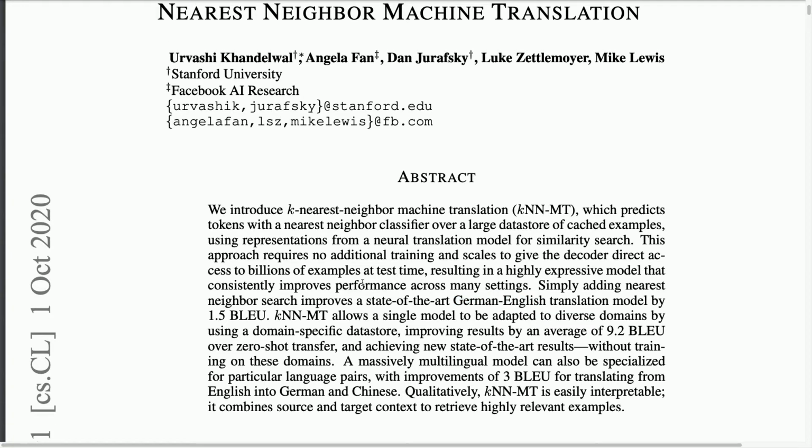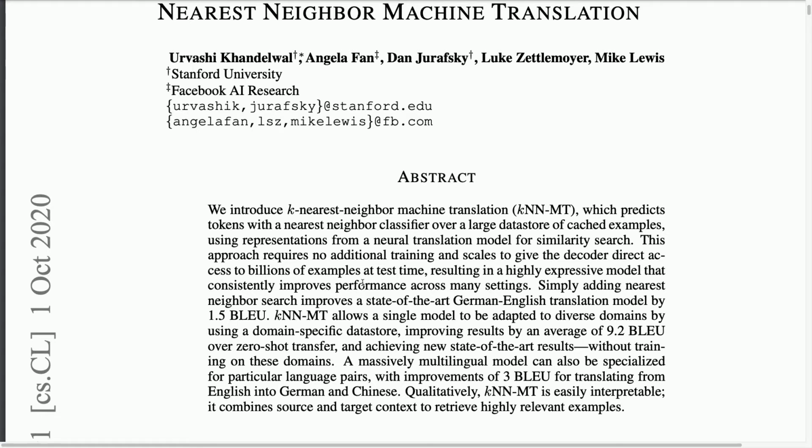Also, kNN-MT seems to be very effective when doing domain adaptation of a general NMT model to a custom domain such as medicine, because you could use a domain-specific data store and you can get improvements of up to 9.2 BLEU on average over zero-shot transfer.